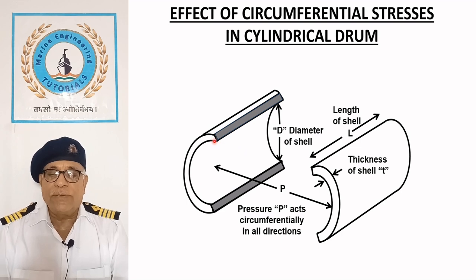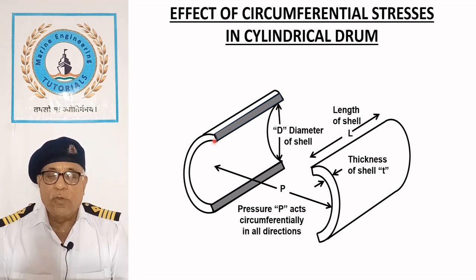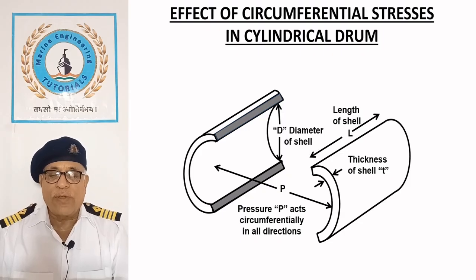If these stresses exceed the strength of the resisting material, the drum may rupture along the longitudinal direction as shown by the shaded area. In the next slide, we will calculate the value of circumferential stresses.